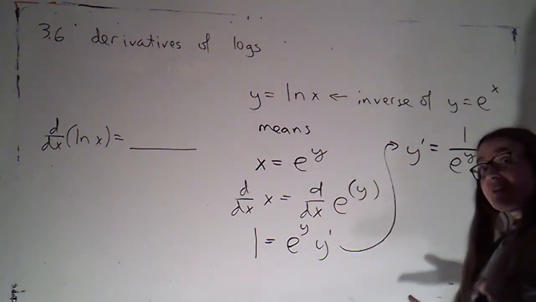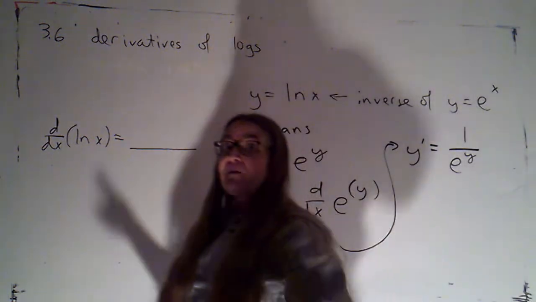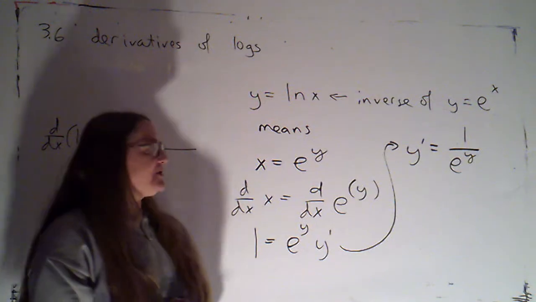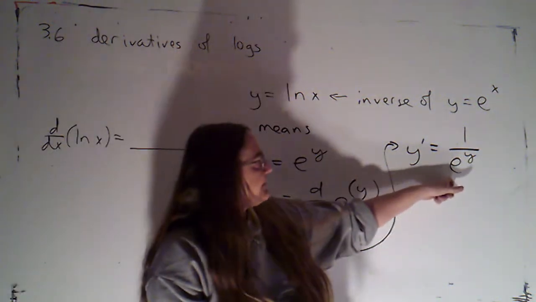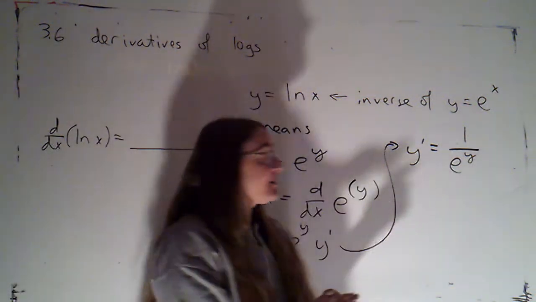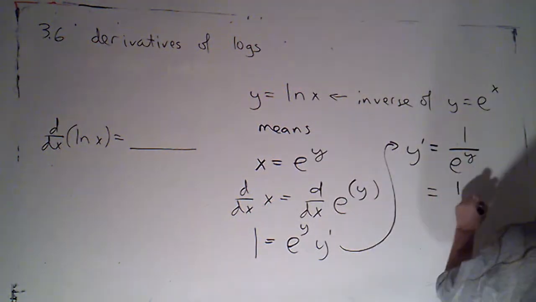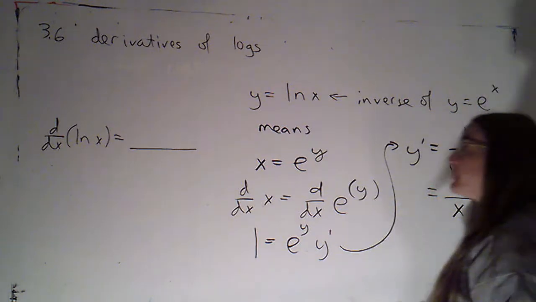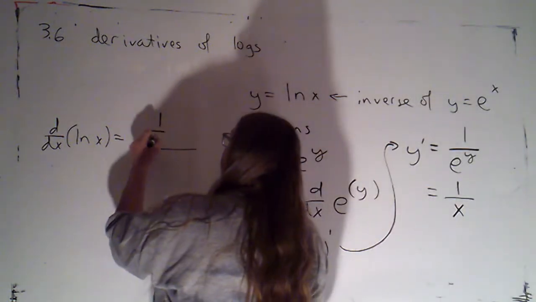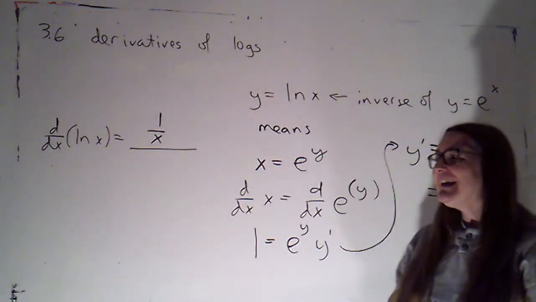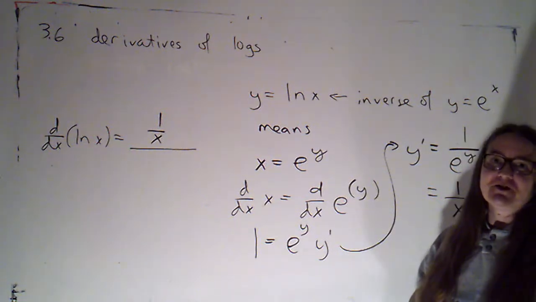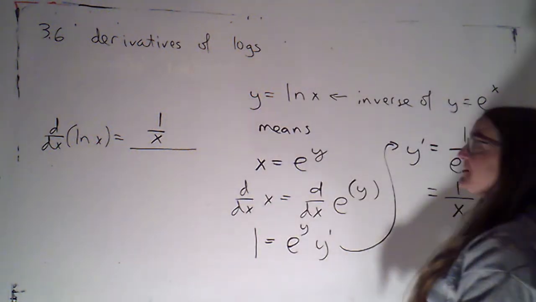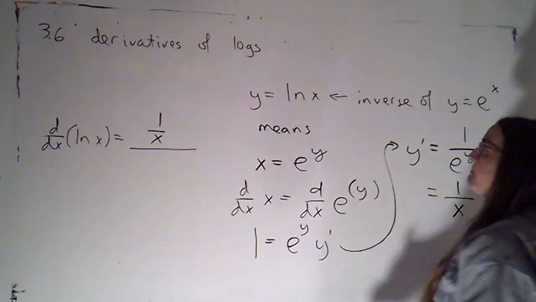Just like with the inverse trig functions, because we actually do explicitly know the relationship between x and y, we don't have to stop with having y's in our formulas. We can go ahead and replace that e to the y with x. So the derivative of the natural log function is the reciprocal function. Derivative of the natural log of x is 1 over x.